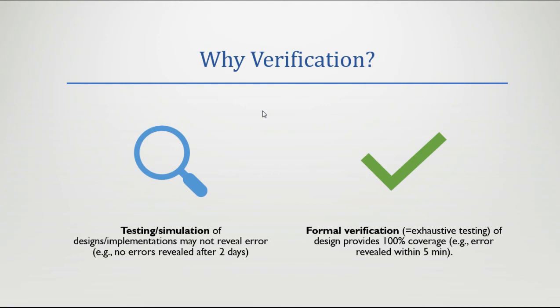We are talking about some properties, some correctness, and we need to check these properties. In verification, there are properties to be checked, for example correctness and the reachability of some points. In verification, we check all the possibilities of this property.